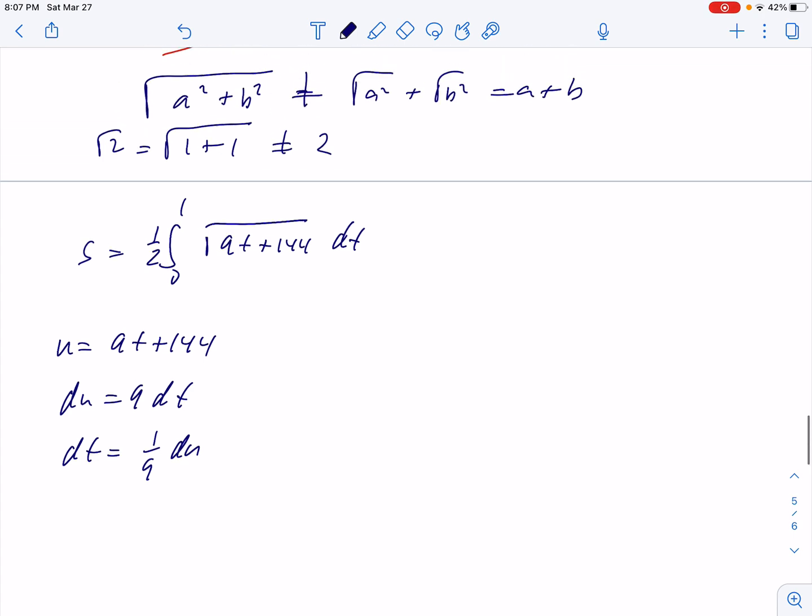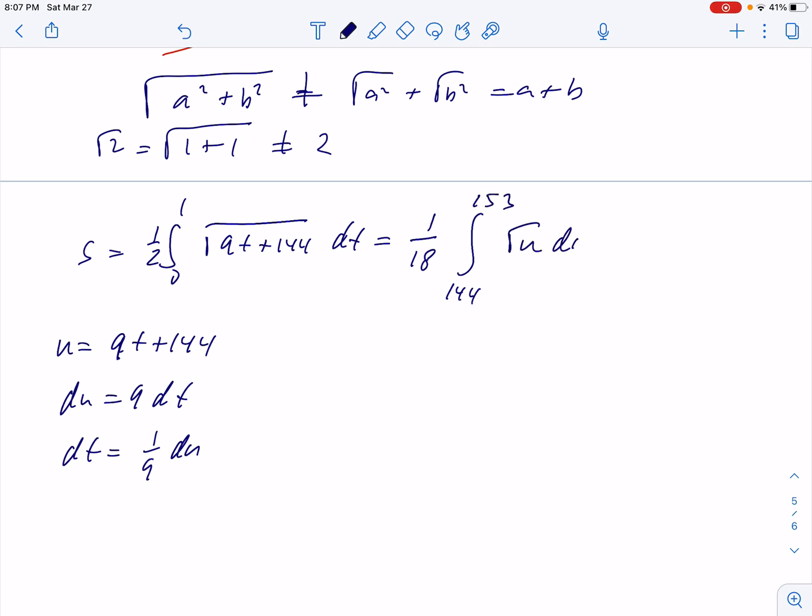And we have 1/2 in front, times 1/9, this will be 1/18. How the limits will change, let's see. When t is 0, here we have 144. When t is 1, we have 153.